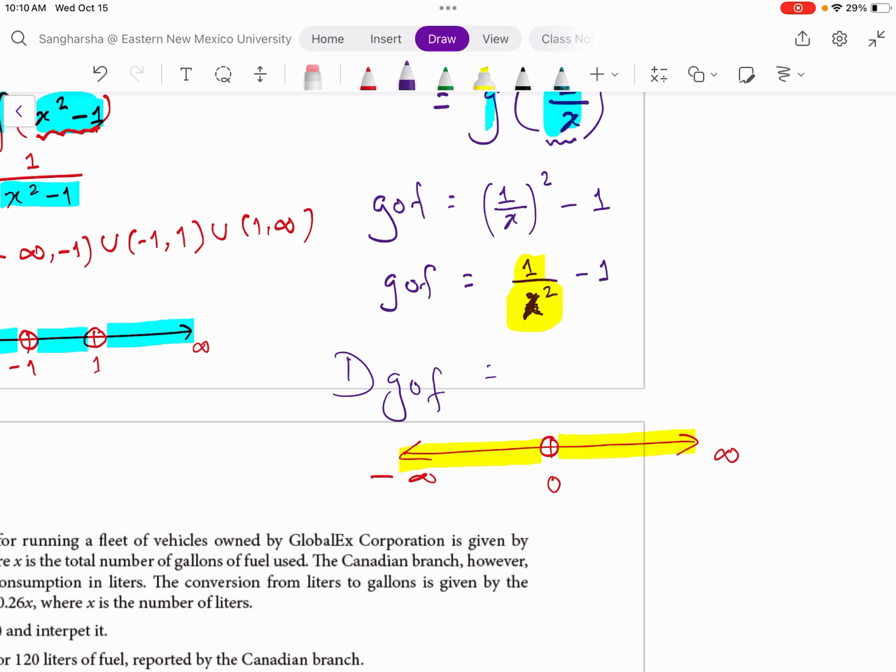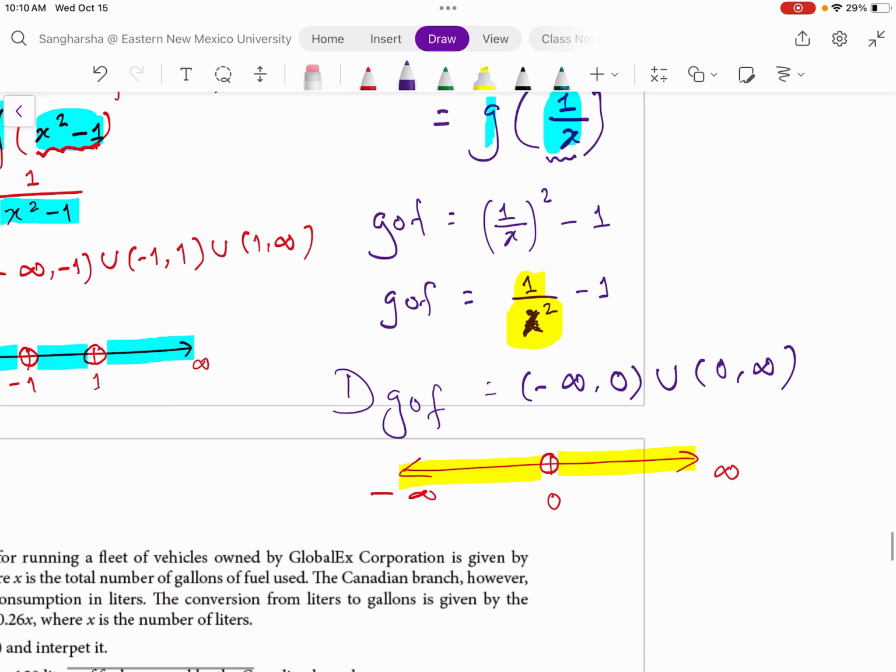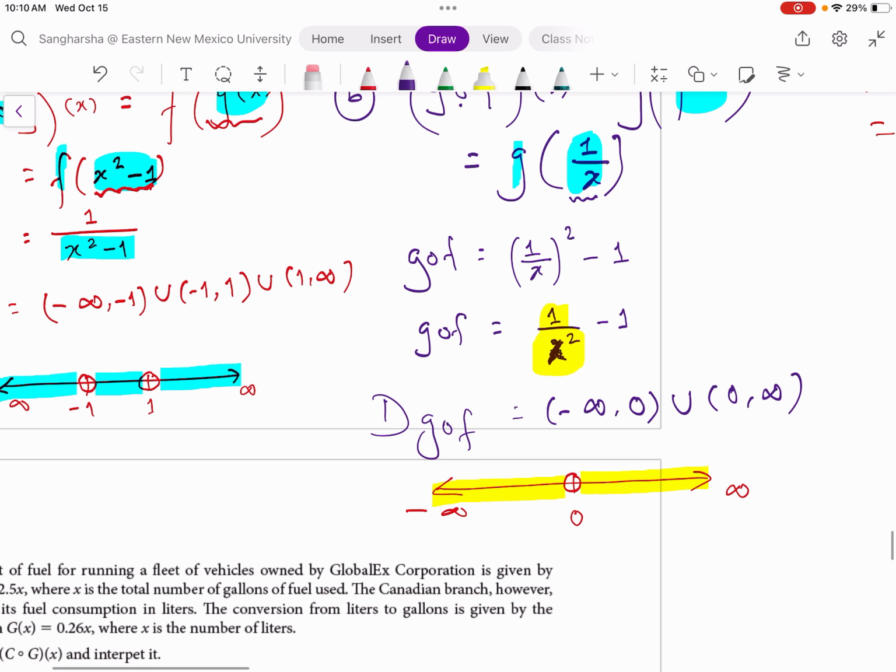It means our domain is from -infinity to 0, parenthesis, union from 0 to +infinity. So every time you have a rational function, first find the numbers that make the denominator equal to 0, and those numbers are not in the domain. But every other number is in the domain. Okay, any question here?